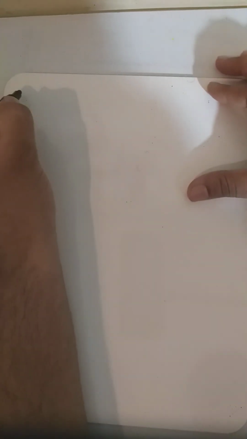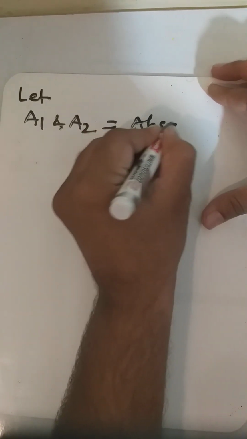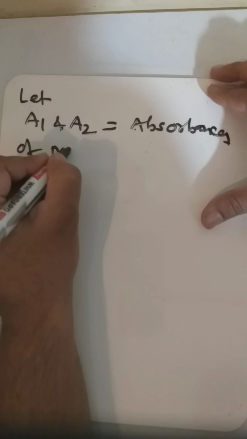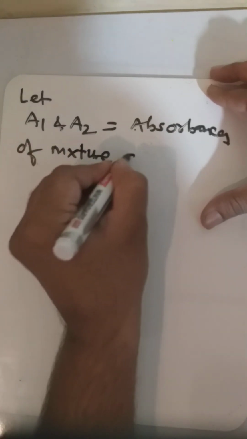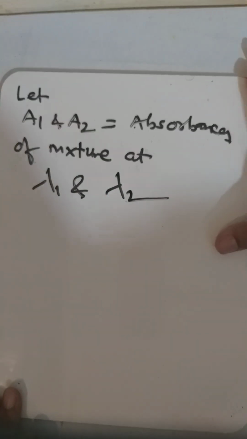Now let A1 and A2 be the absorbances of the mixture at lambda 1 and lambda 2. Okay.